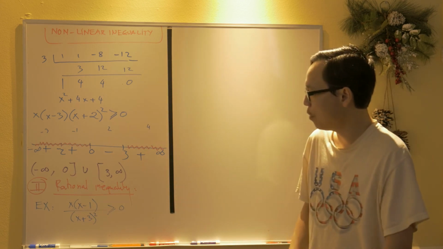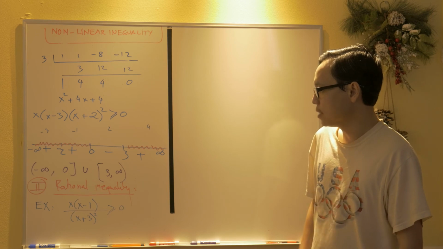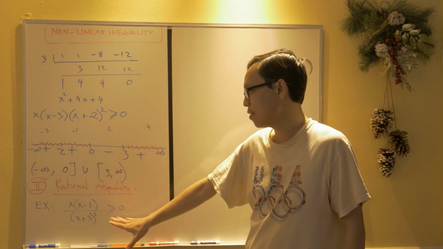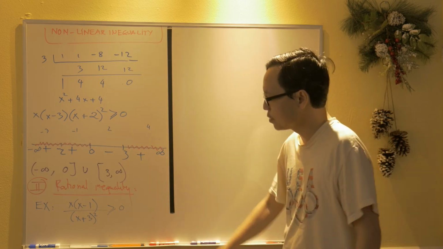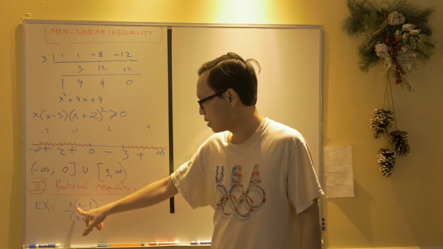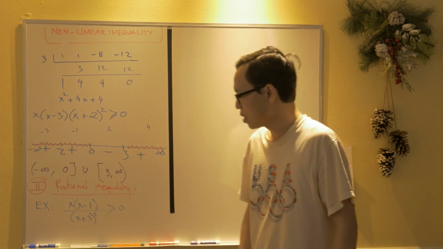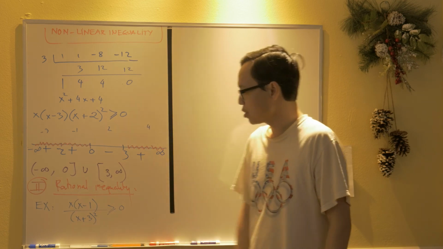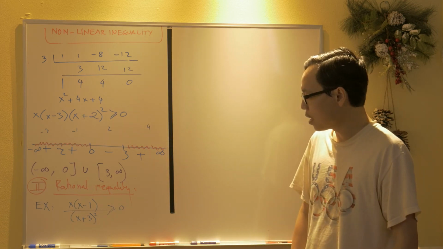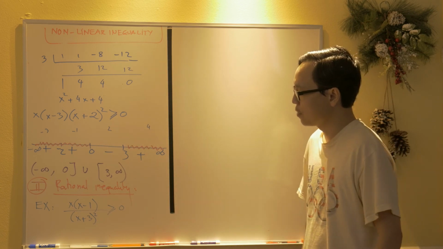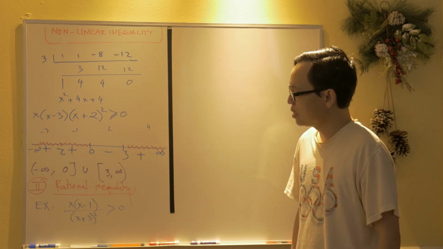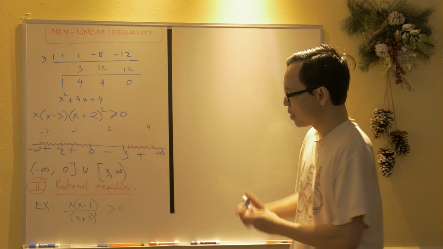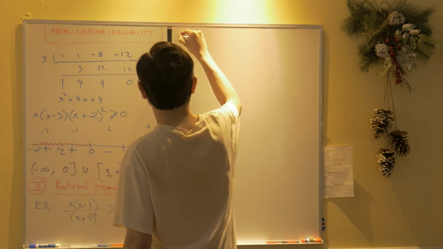This is a rational inequality, and it's already in linear factoring form, because x minus 1 is one factor, and x plus 3 squared is x plus 3 times x plus 3. So this is a typical example, and we can solve it easily by using the table. Let's go ahead and solve it together.